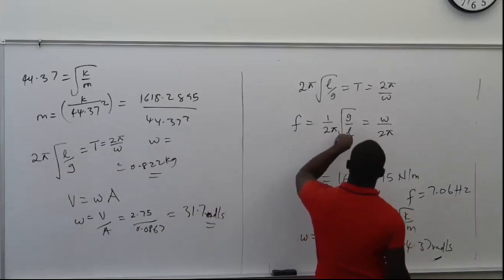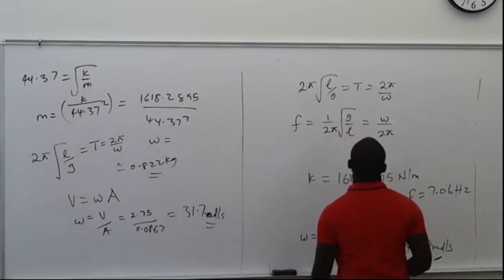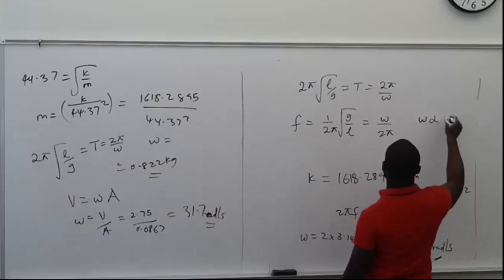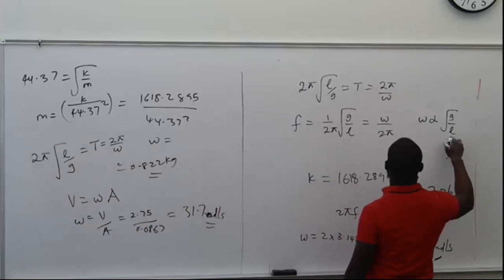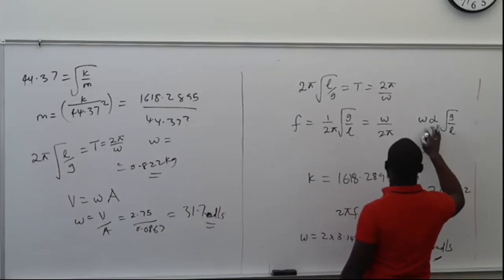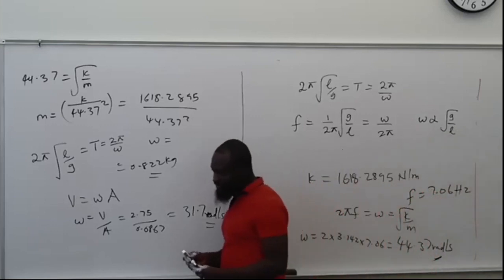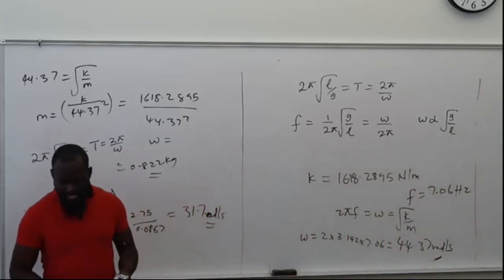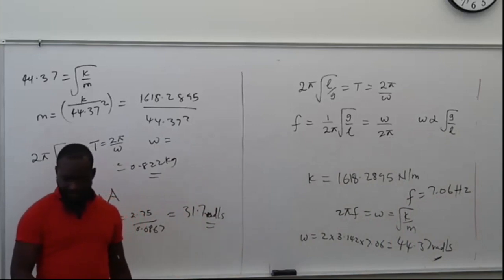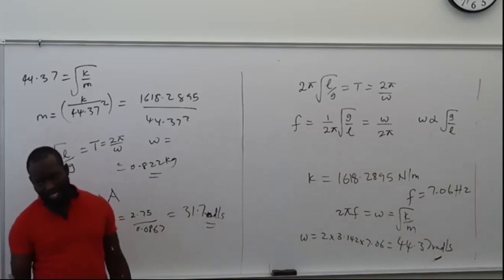So omega is proportional to the square root of G over L. It has nothing to do with the mass. The one with the smaller L has the larger omega, and the one with the larger L has the smaller omega.